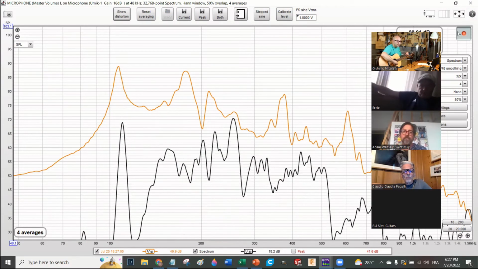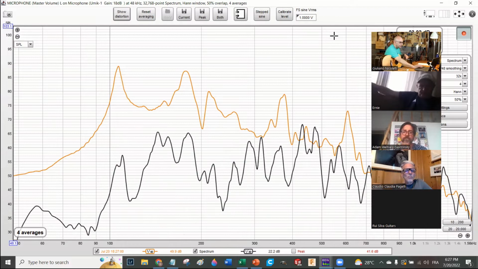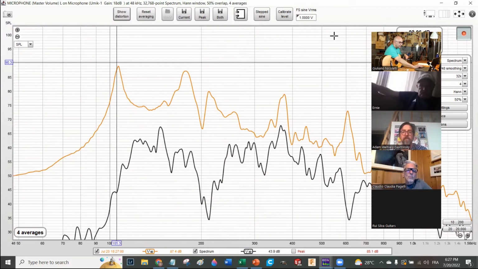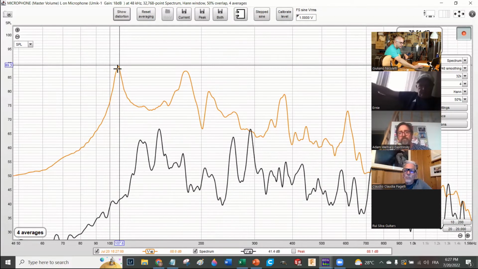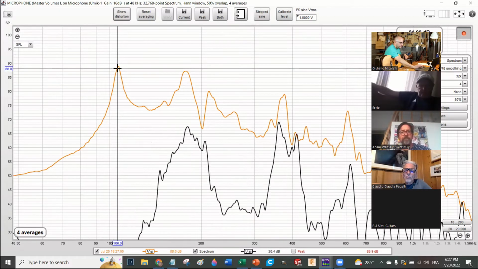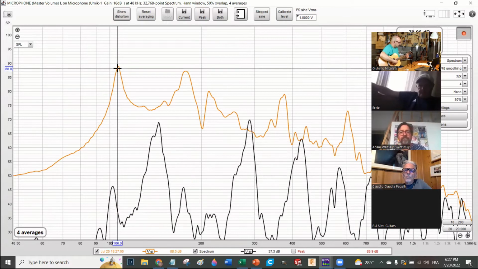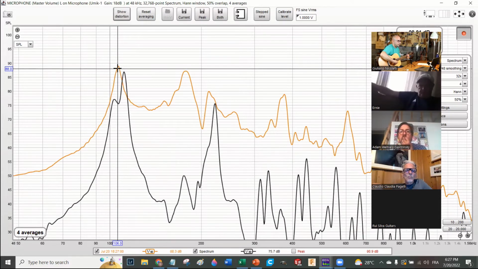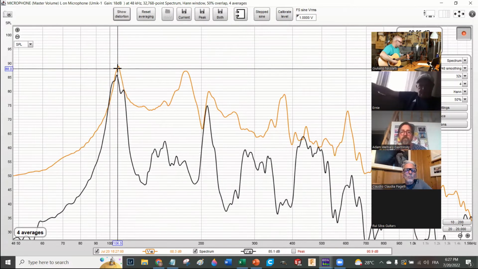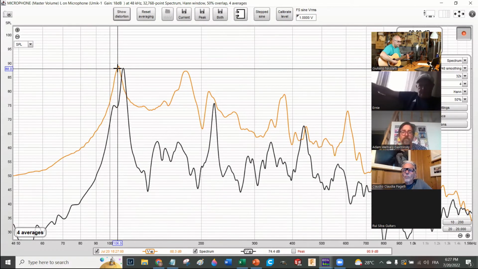In this instrument, the first mode, the air mode, is around 105, 106 Hz. So it should be very well positioned around, okay, it's around the 4th and the 5th frets.